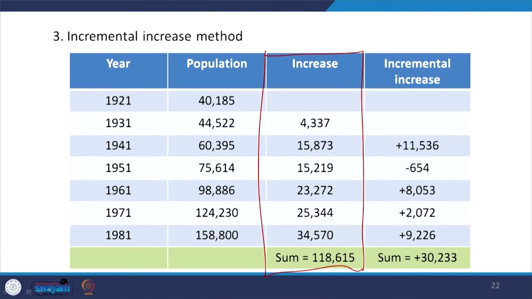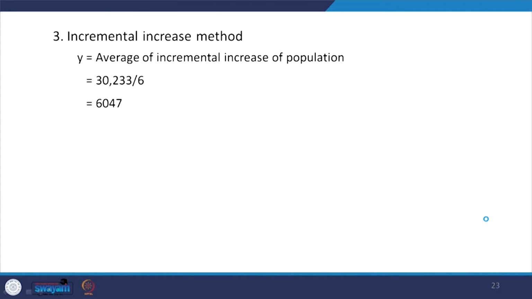So 15,000 minus 4,000, so 11,000, 15,200 minus 15,800, so decrease, right? 23 minus 15, 8, 25 minus 3, 23, 2, so on and so forth. And then the total incremental increase is 30,000 over this period, right? So average of incremental increase of population, so that's what we have out here, and 6047. So that's how you calculate the y, right?